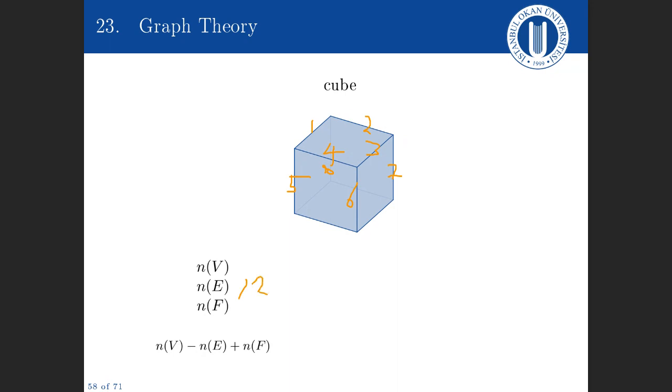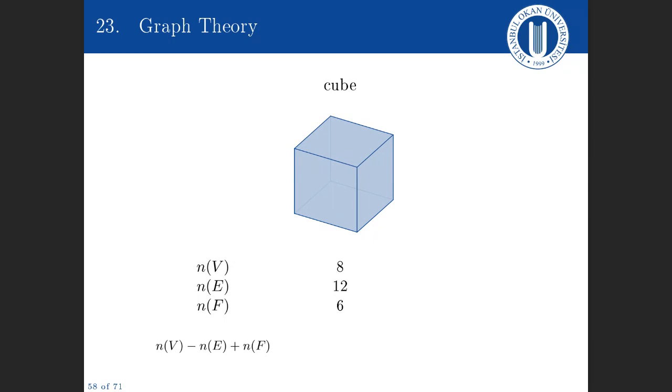Those must be 12 edges. And how many faces on a cube? Everybody knows a cube has 6 faces. And then Euler's formula is number of vertices minus number of edges plus number of faces. So 8 minus 12 plus 6. And for a cube, we get 2.